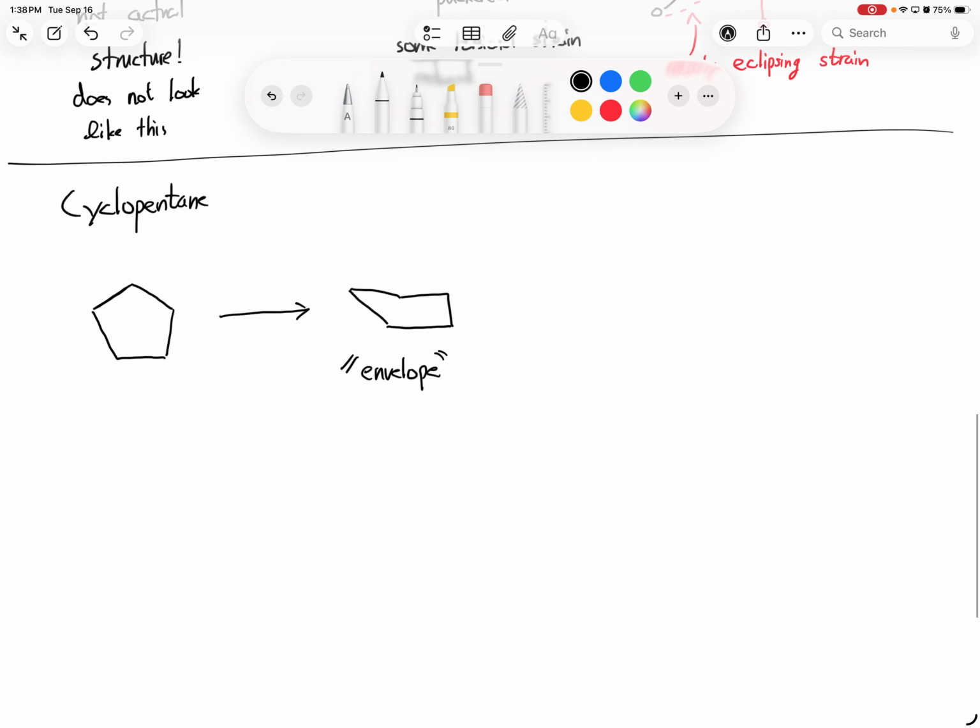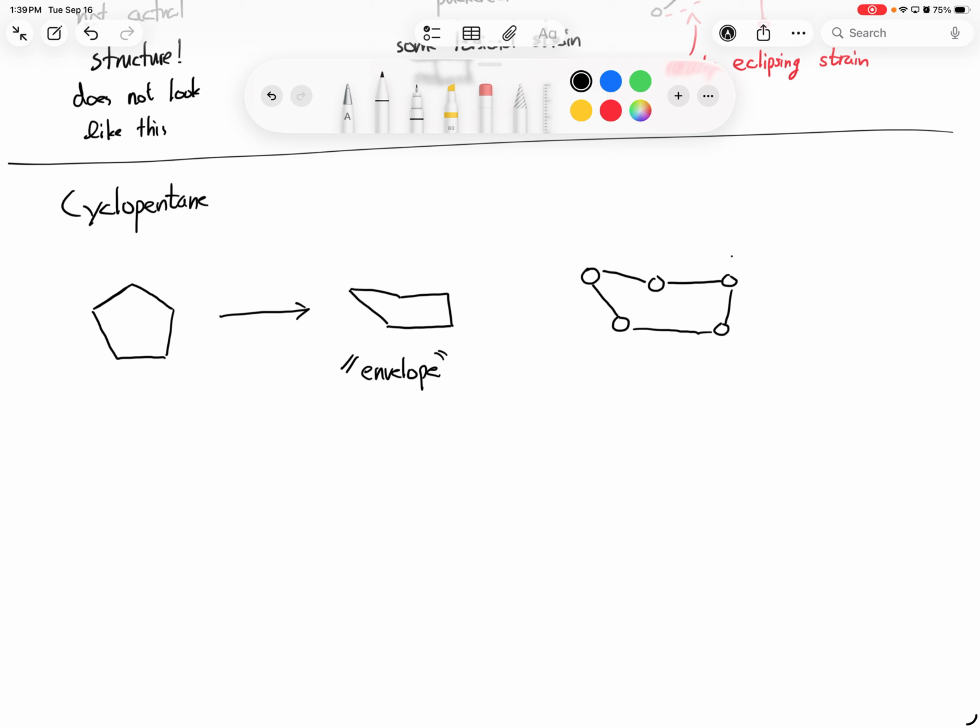When it adopts this conformation, let's draw the molecular model. These larger spheres are the carbon atoms. If you want to color code them, be my guest. Then this one here, like that.